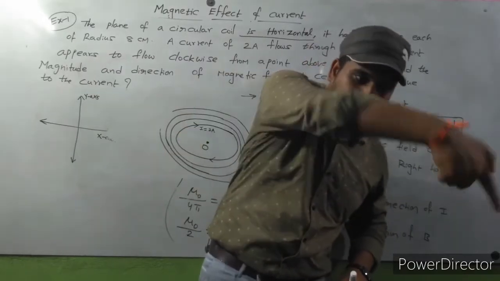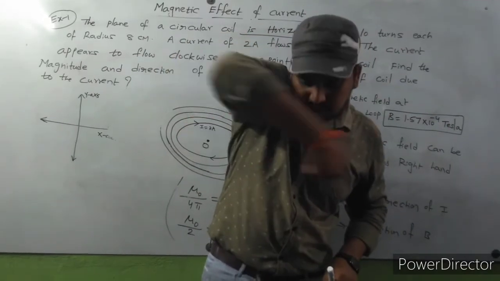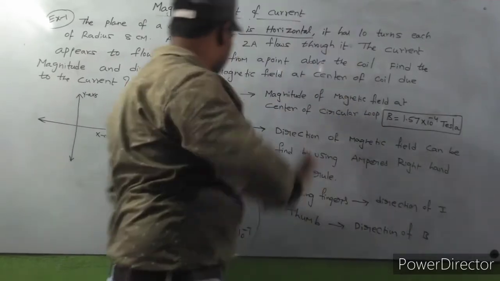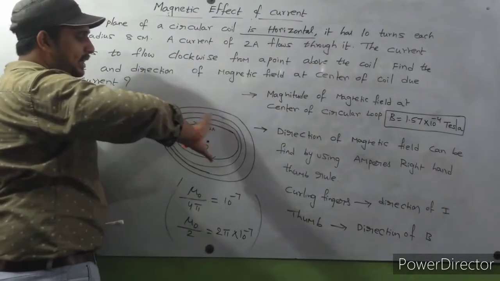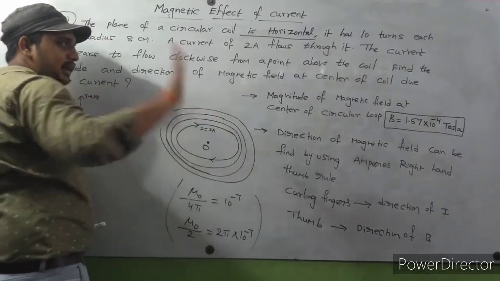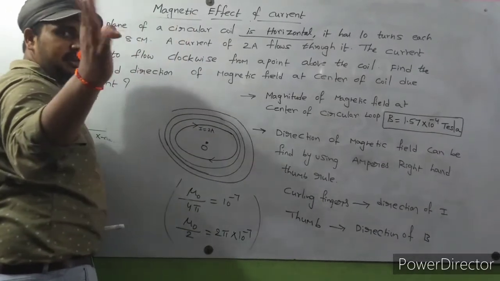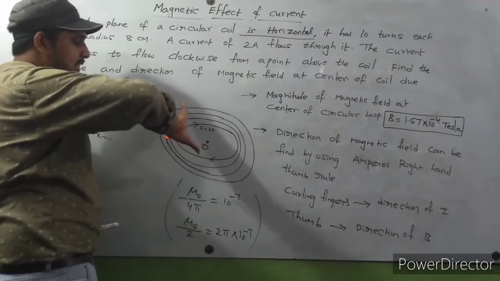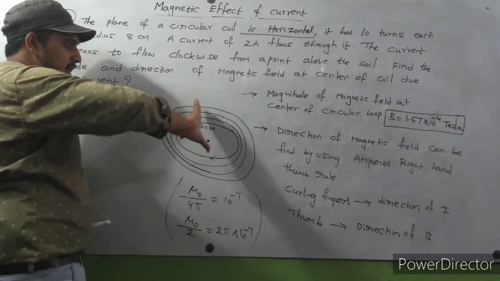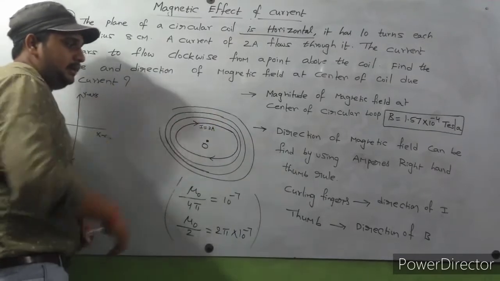This is a horizontal loop. Curling fingers indicate the direction of current, and the thumb indicates the direction of the magnetic field.